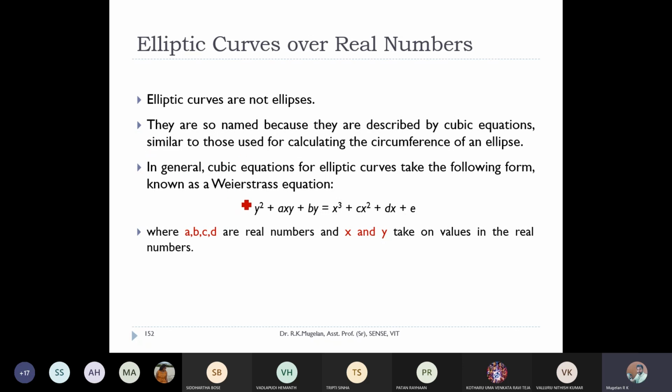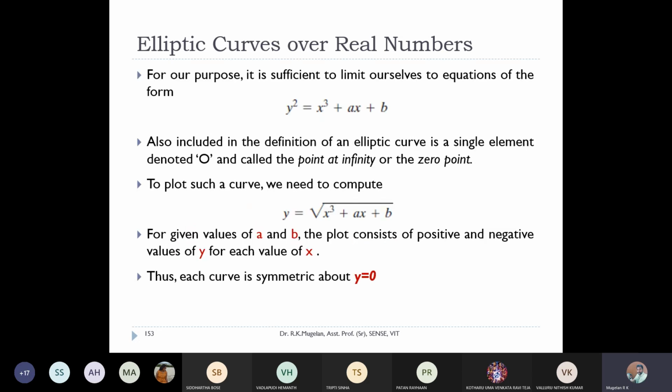The circumference of an ellipse is calculated using a Weierstrass equation like this, where you can see we have two variables x and y, and coefficients a, b, c, d, which are real numbers. We'll use a similar kind of expression, but for our purpose we are going to limit the equation to this one, not exactly the same thing.